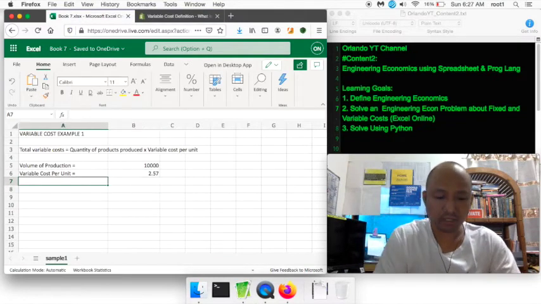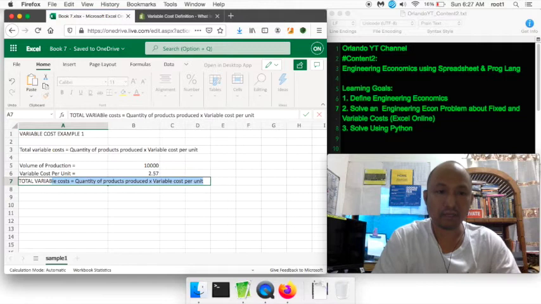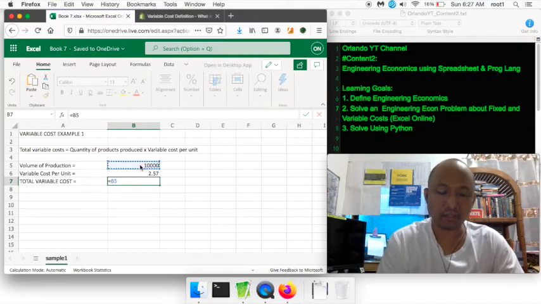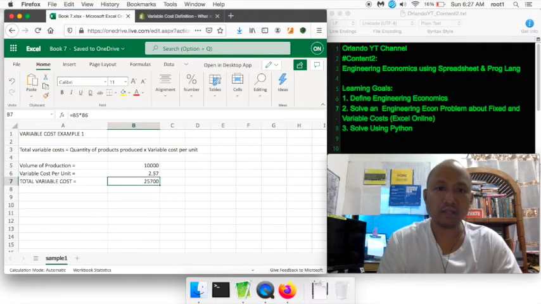And of course, our total variable cost, since it says we need to multiply, press the equal sign, then your volume of production, asterisk is the multiplication of the math operation, times your variable cost per unit, and you have 25,700.